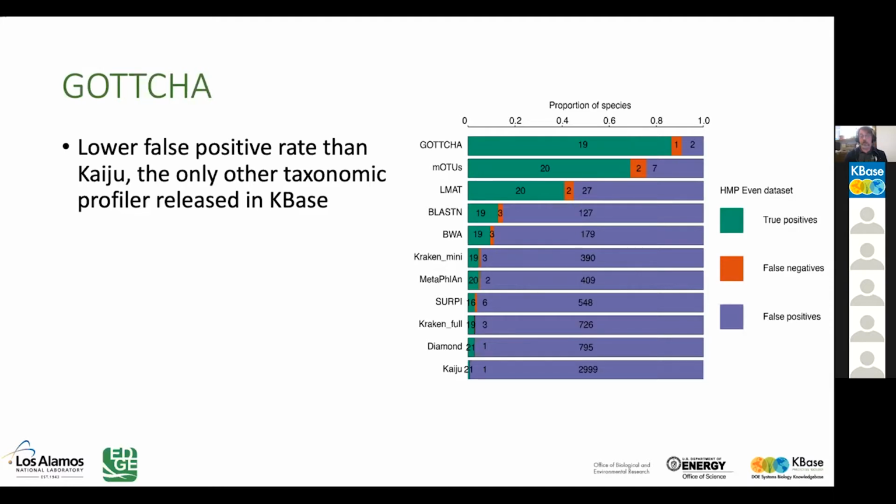However, where they really differ is in the number of false positives. Gotcha2 has a very low number of false positives, only 2. And Kaiju had almost 3,000.